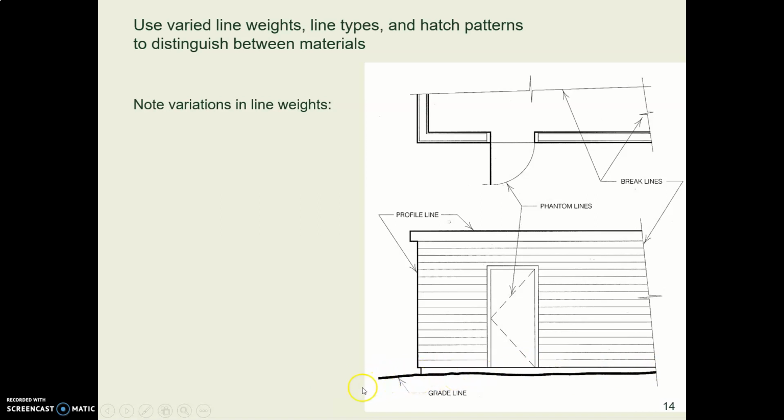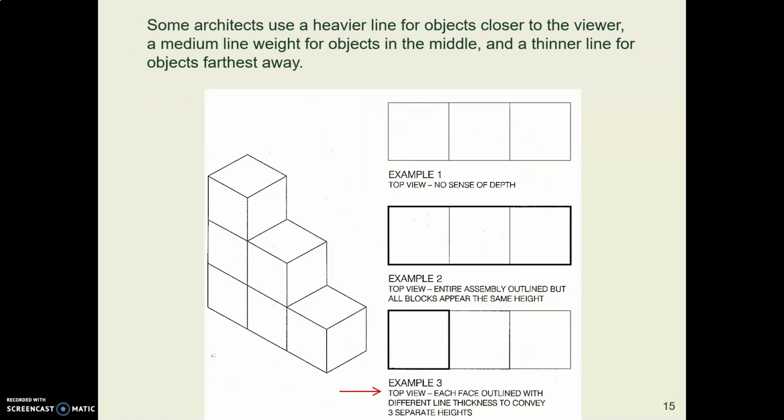And we typically make that line in an elevation or section view wide. It's also common to make the profile where the edge of the building touches the air. It's typical to make that wide in some drawings.